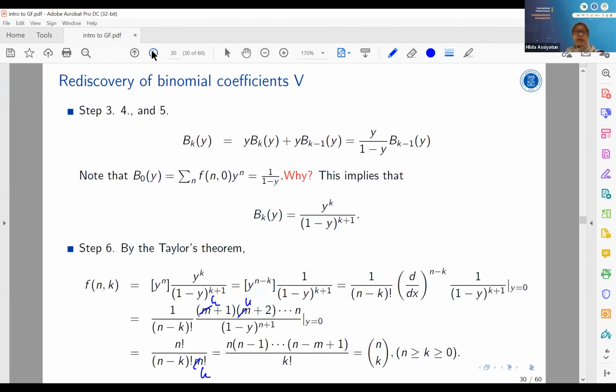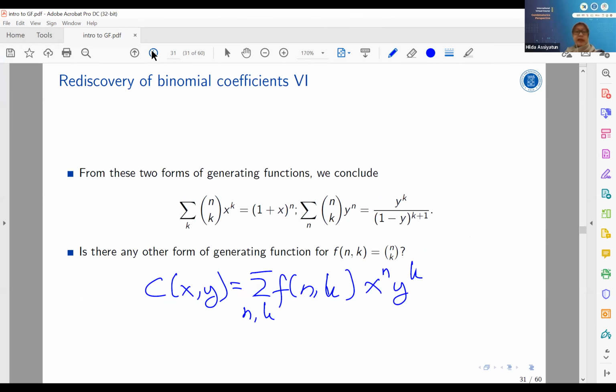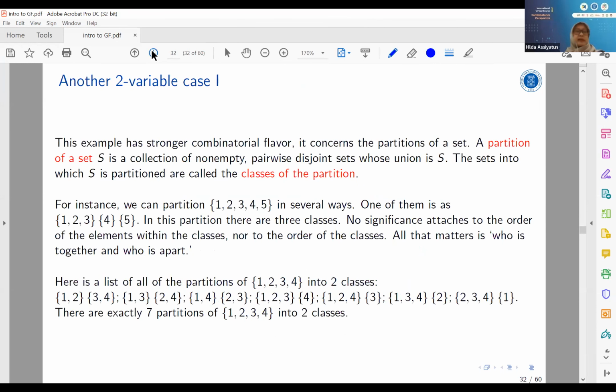Now we will look at another important sequence in combinatorics: a partition of a set. A partition of a set S is a collection of non-empty pairwise disjoint sets whose union is S.